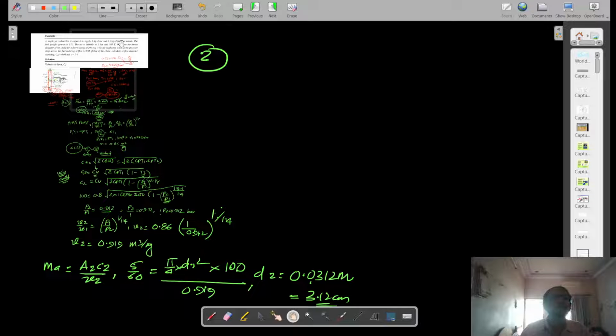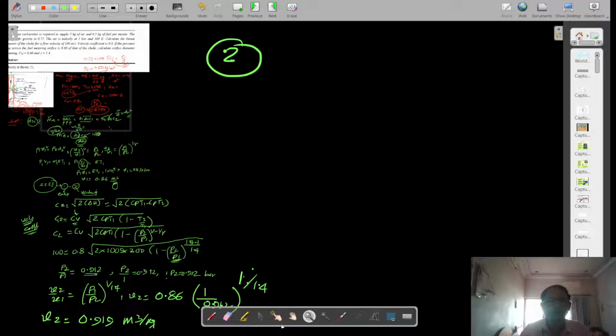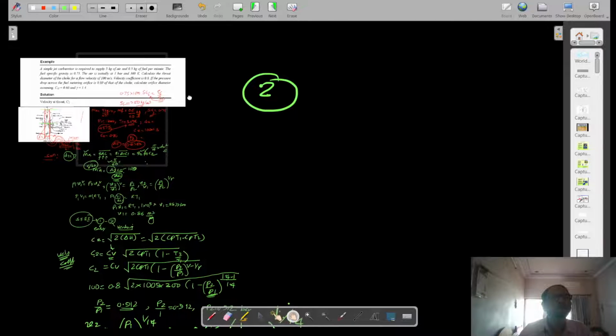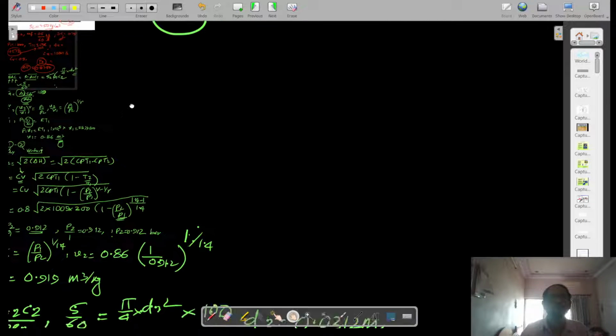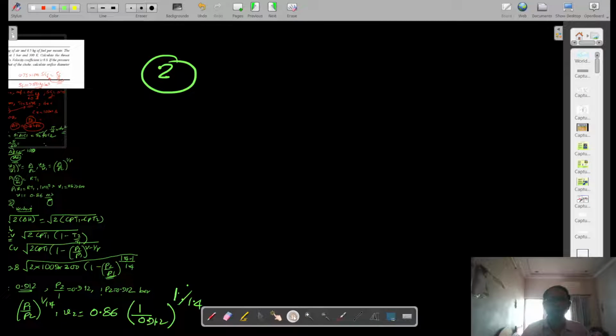Firstly, we found out the diameter of choke, and now we need to find out the orifice diameter, that is the fuel orifice.